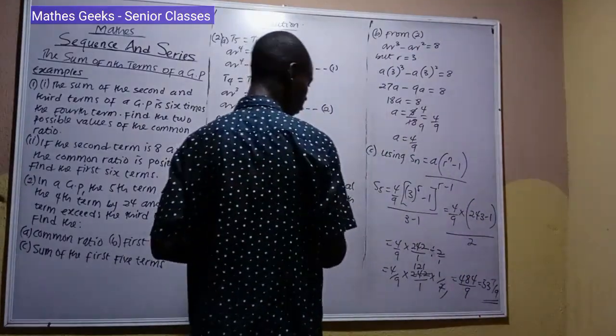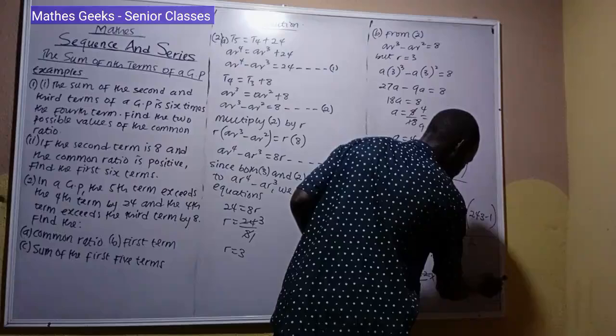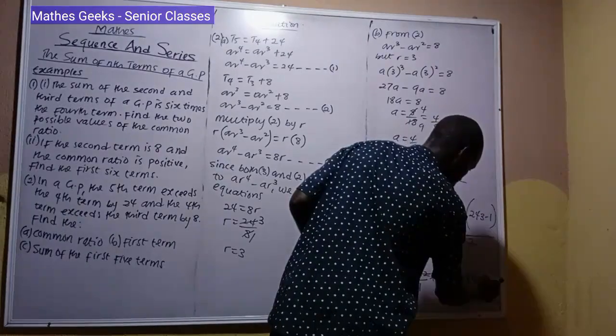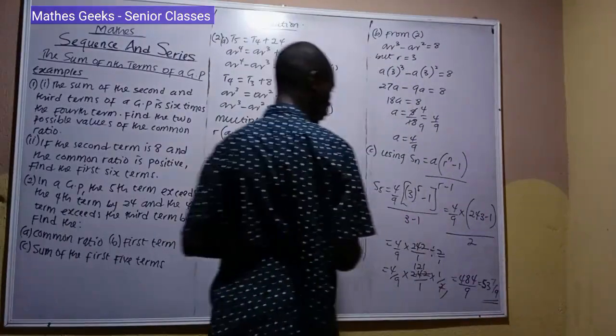That's the sum of the first 5 terms: 53 whole number 7 over 9.